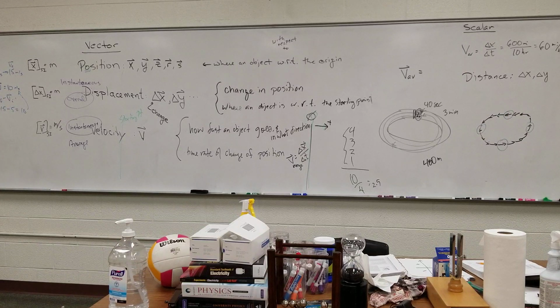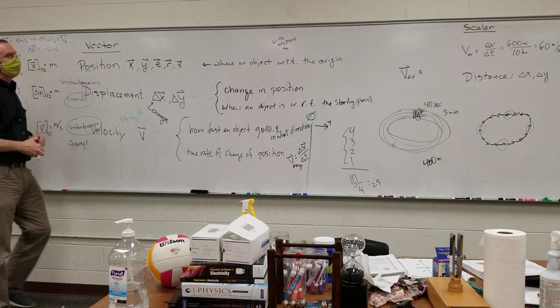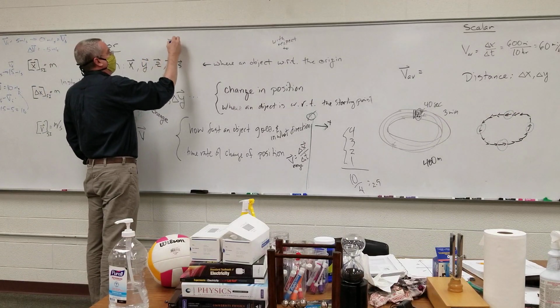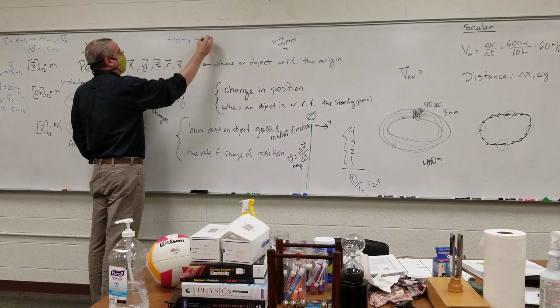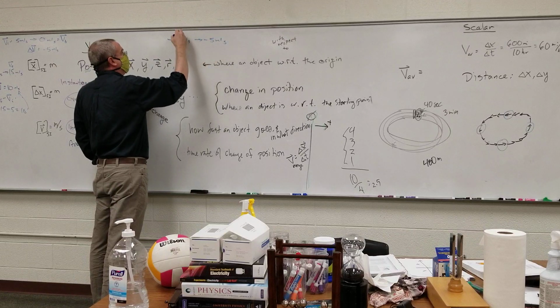Suppose I go from an initial velocity of 5 meters per second to 0 meters per second. That's my final velocity. What's my change in velocity now? Negative 5 meters per second. And I go from negative 10 meters per second to negative 5 meters per second.